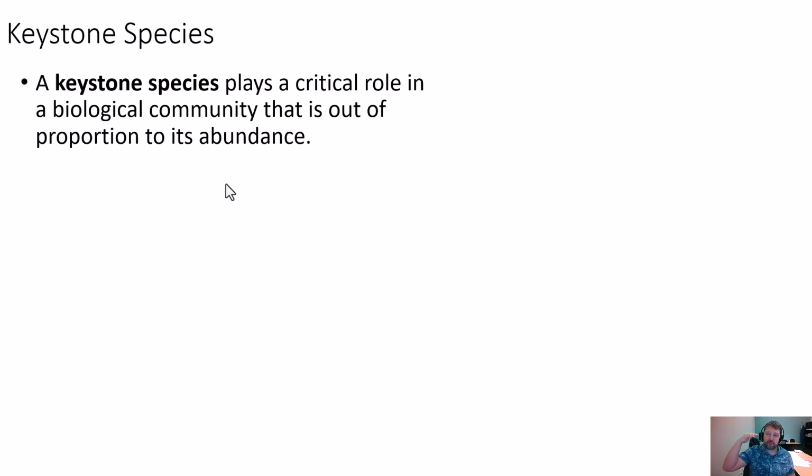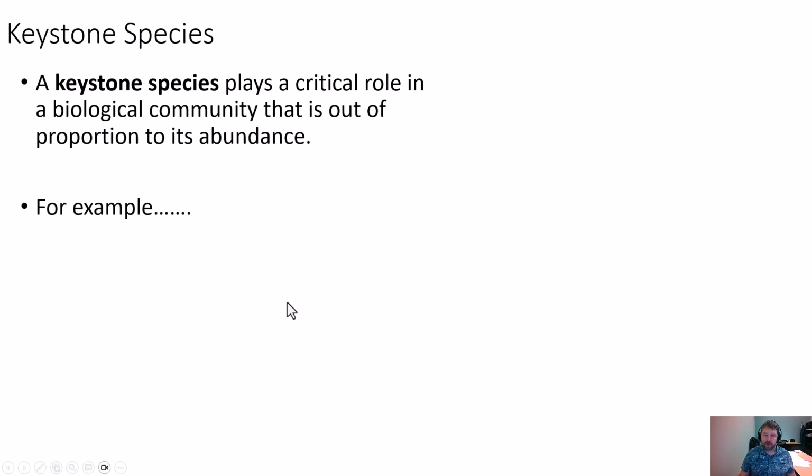It could be a species that is a primary consumer, sitting mid-level, but it plays a really important role. It could be a primary producer. So anywhere along our energetic or biological pyramid, food pyramid, you can have a keystone species. And we'll look at examples of all these.